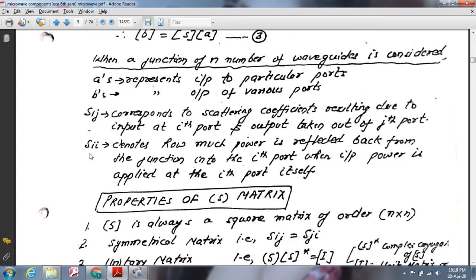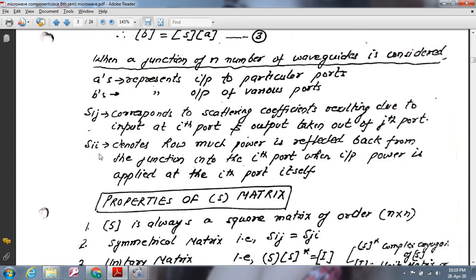Similarly Sii, what does it mean? Here the first i represents that the source is connected at this ith port, and the second i is the power applied at the ith port itself.